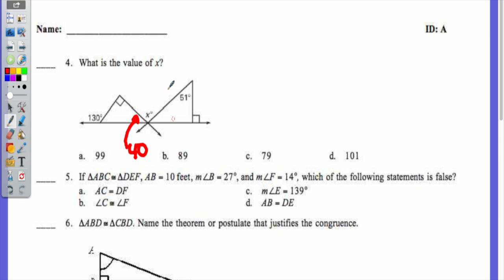And then the same thing here. If this is a right angle, this is also 90. We're actually using the corollary of the triangle sum to say that 51 plus this has to be 90. So that's what? 39. So 40 plus 39 is 79. 79 plus x equals 180. So x equals, okay, a lot of D's going on here.